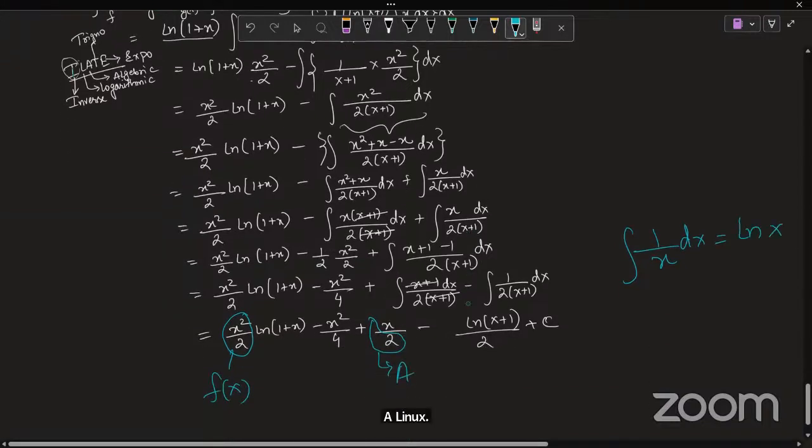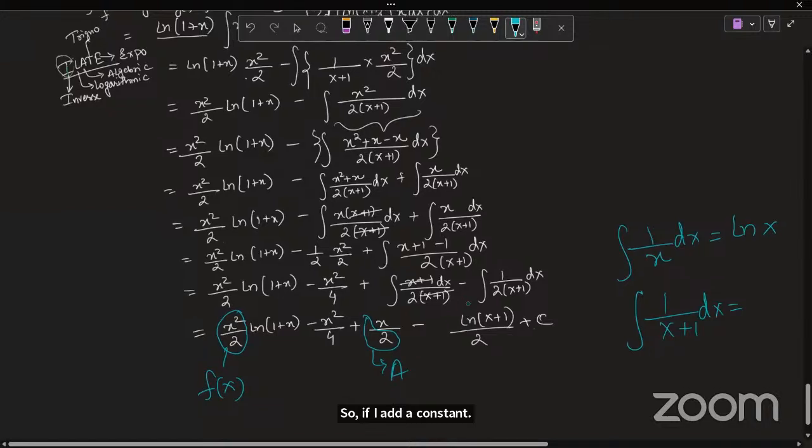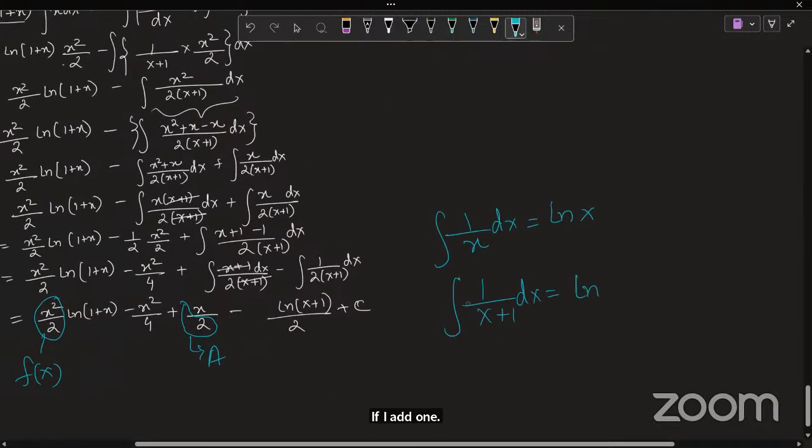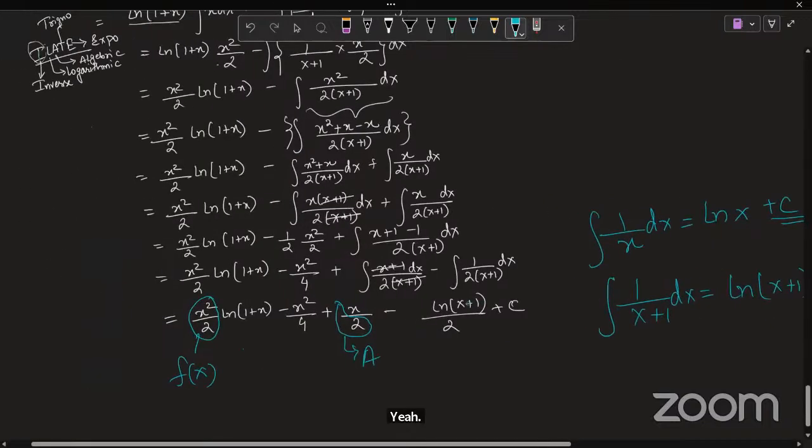Yes, sir. So if I add a constant, if I add 1, it will change. This is the same, right? ln x plus 1. Let's see. Got it, Anmol? Yeah. Any doubt in this? Anybody having doubt in this?